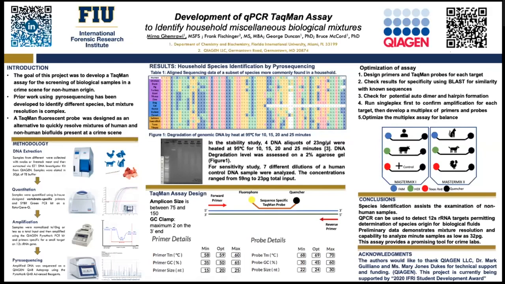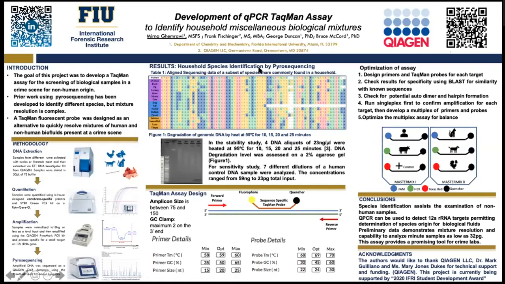So we started with a technique called pyrosequencing, which is not the target, but I will briefly touch upon it. It's one of the types of next generation sequencing methods, and I have some results that I will discuss with you in a minute.